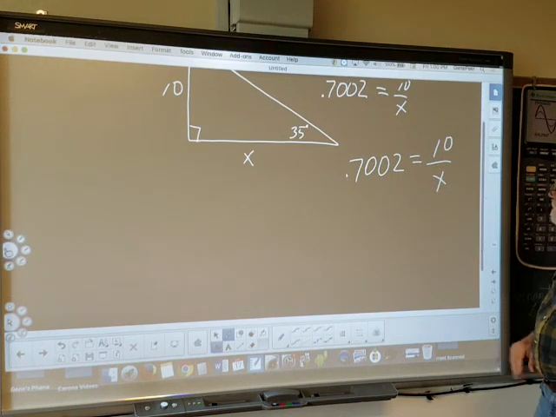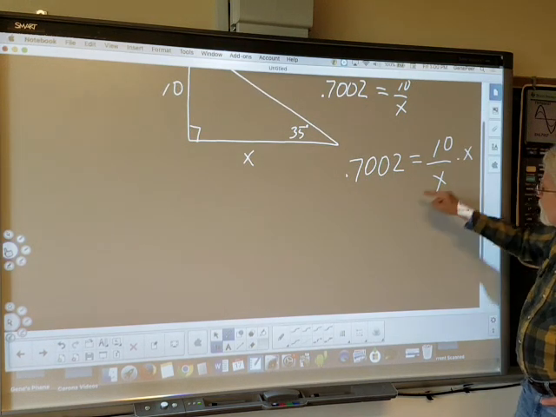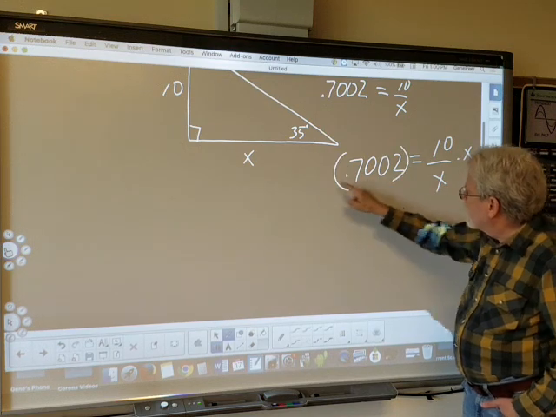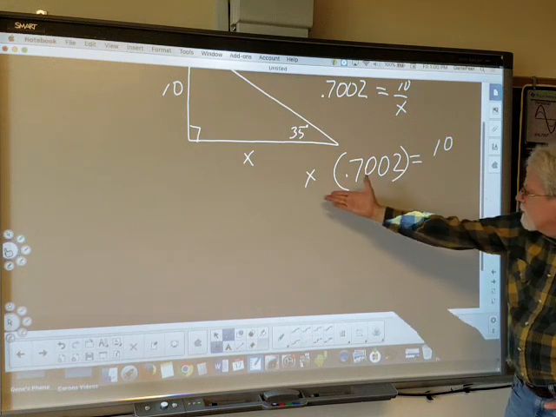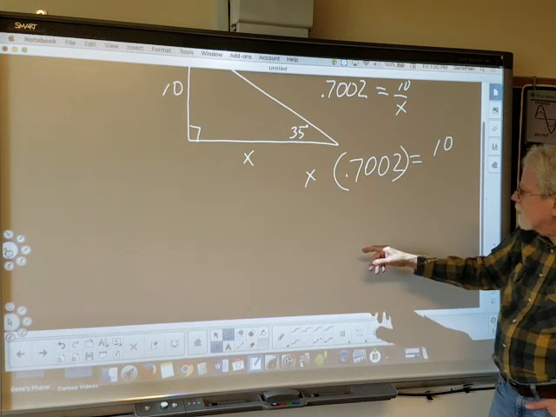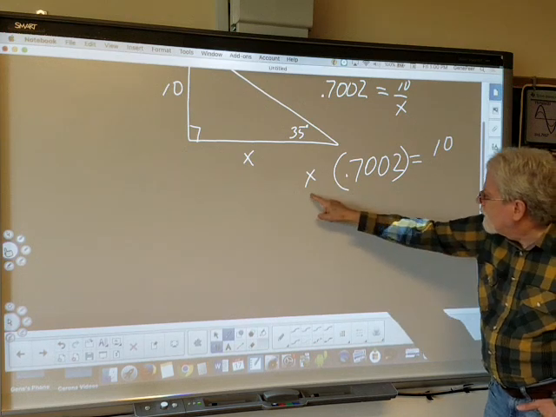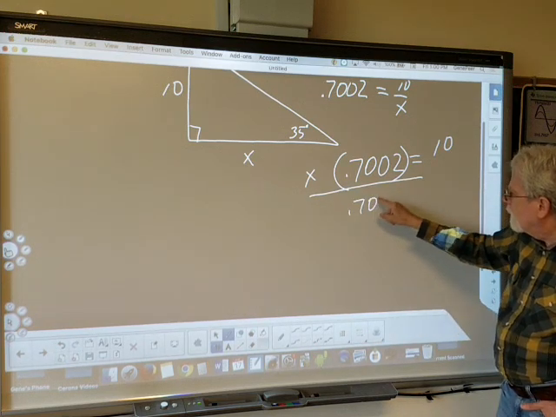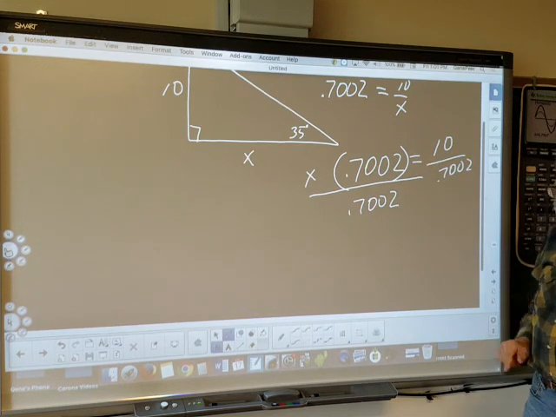So how do you solve this? Well, one way to do it is, let's multiply both sides by x first. These cancel, and now I have 0.7002 times x. But now how do I get rid of that 0.7002 to get x by itself? I'll then divide by 0.7002. Basic algebra here.